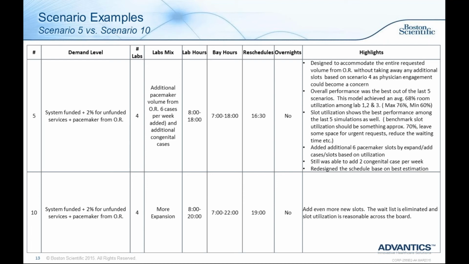So there's a huge demand, but only a few physicians can do it. So the center wants to be able to adapt to the patient needs out there. We were able to redesign the schedule based on the best estimation, and there were a lot of improvement projects coming out of this scenario. Even though it wasn't led or partnered with Simulate, the simulation was able to provide us that idea up front.